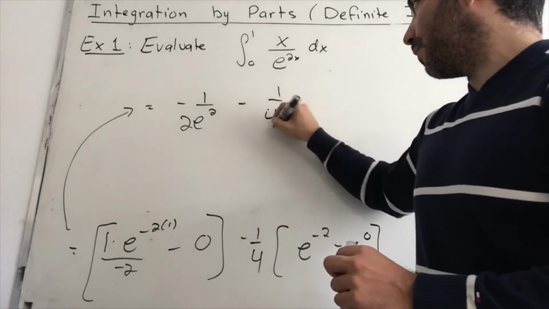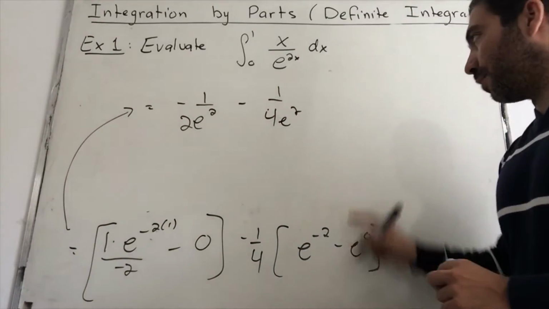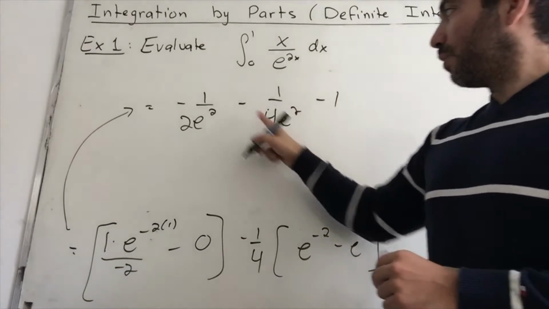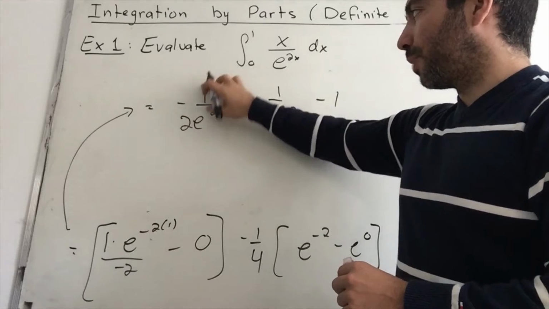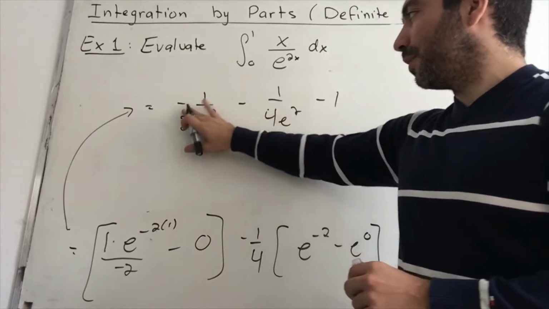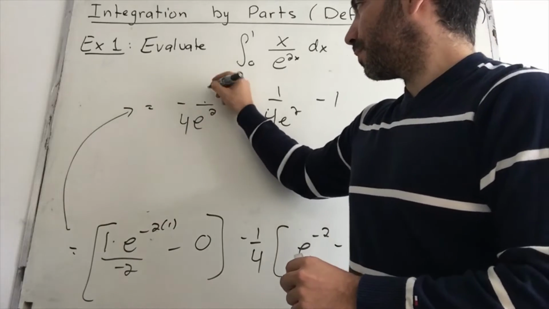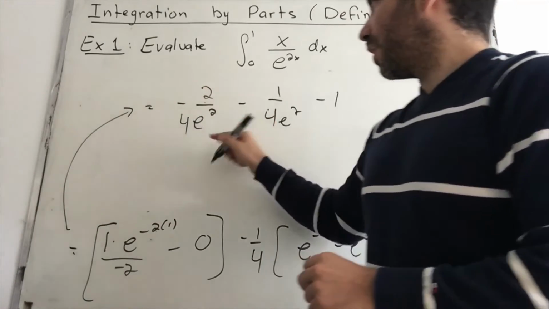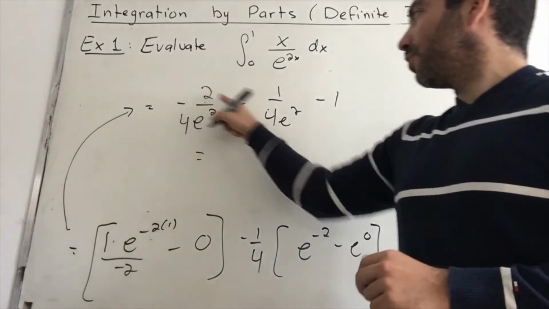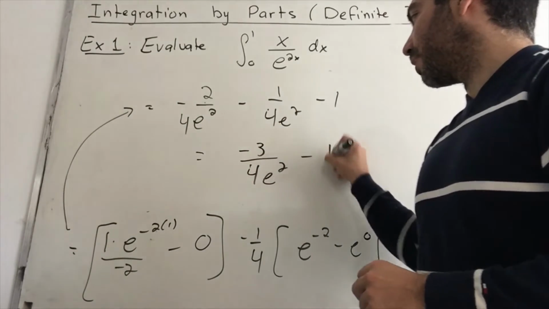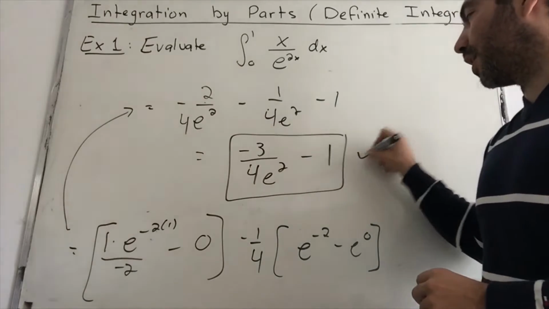Again, we're going to drop it, 4e squared, and then -1. Here we could combine these two by multiplying the top and the bottom by 2 to get a common denominator. So this is 4, this is 2. And we could combine now. -2 minus 1 is -3 over 4e squared, minus 1. And this is the final answer.